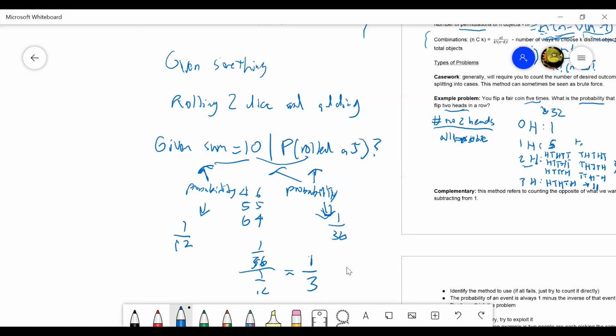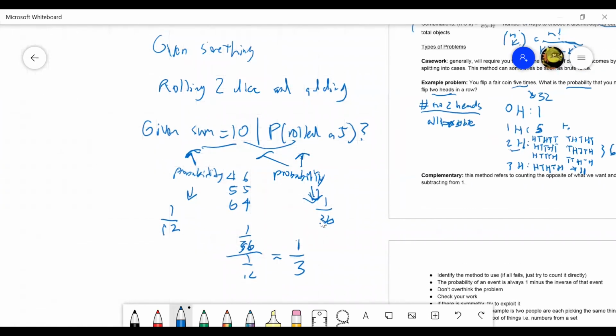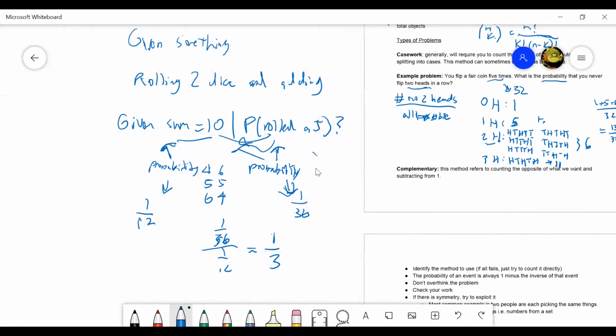You might notice that this probability is quite a lot higher than the probability of just rolling these combined, and that's always going to be the case. I do want to mention that you get a different answer if you just take the probability of rolling a 5, because the probability of rolling a 5 without the constraint that the sum is 10 is 11 over 36, and that's because of complementary counting, which you can verify on your own.